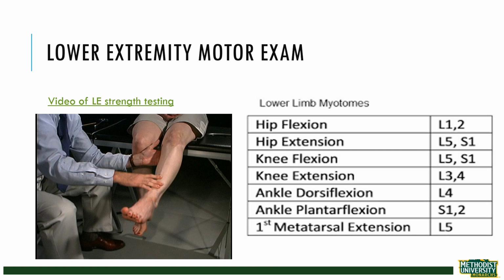For lower extremity testing, we check hip flexion, hip extension, knee flexion, knee extension, ankle dorsiflexion, ankle plantar flexion, and if you want first metatarsal extension, since you're checking L5 with hip extension and knee flexion, you don't have to do first metatarsal extension.